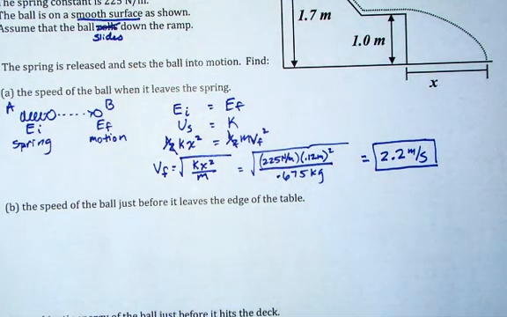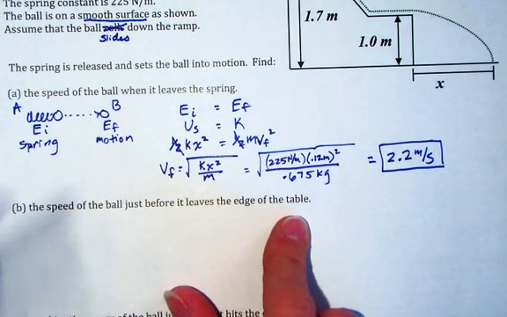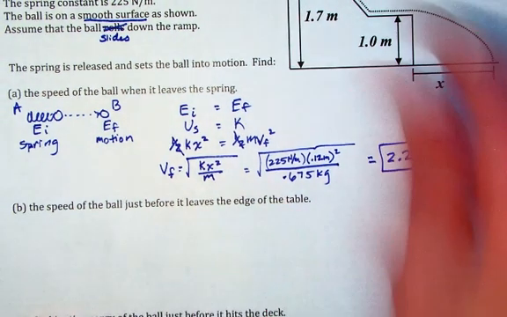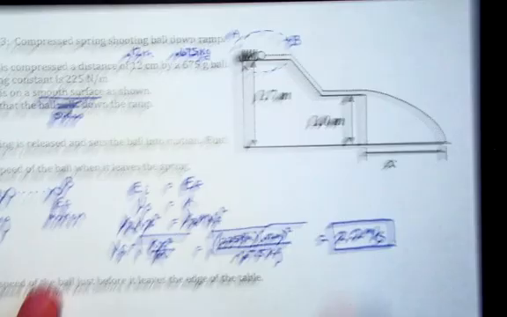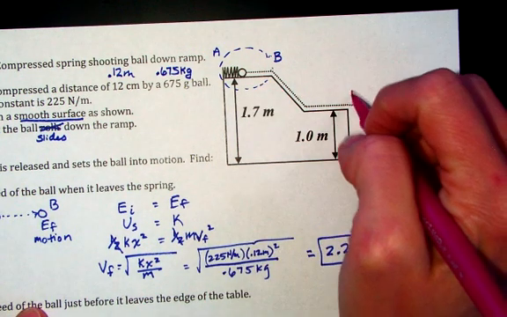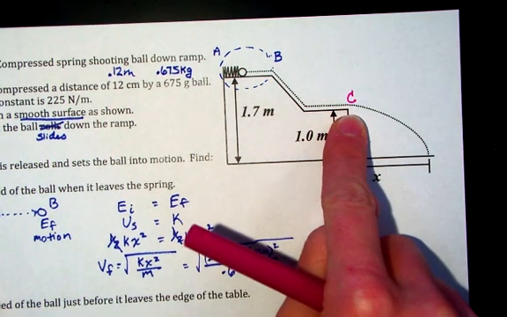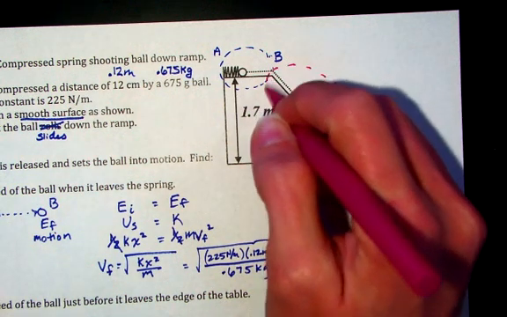All right, now the next part, we want to find the speed of the ball just before it leaves the edge of the table. So that means I'm here at B right now, and if I make this C, this is the edge before it leaves the table. So what I'm looking at now is this system.